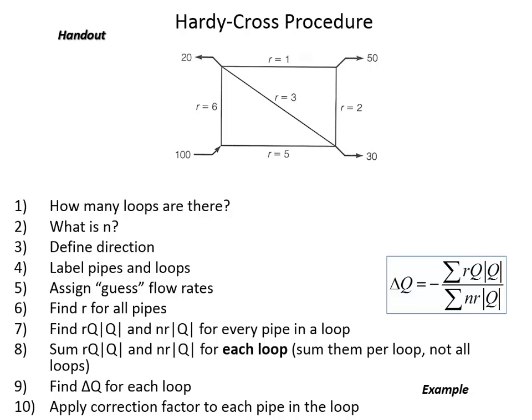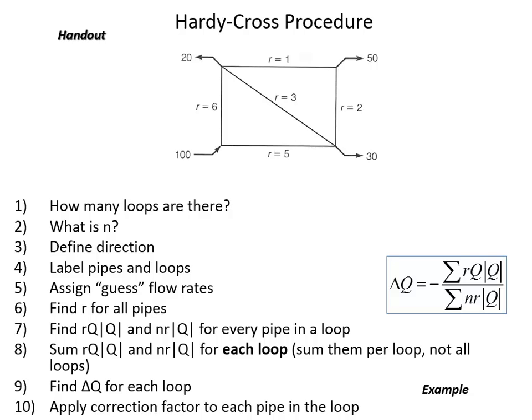All right, so we can do the same thing in loop 2, but there's a wrinkle, and that is what to do about pipe 1-3. You'll notice that pipe 1-3 is in both of the loops. It's in loop 1 and it's in loop 2. When it's in loop 1, the initial flow direction that we guessed is positive because it's in the same direction as clockwise for loop 1.